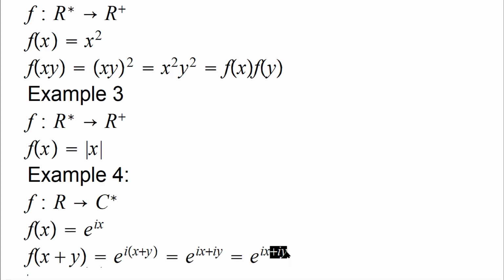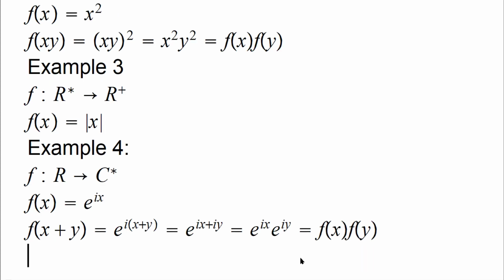Okay, so this will be e to the ix times e to the iy, and that's going to be f(x) times f(y), and that will of course be a homomorphism from the additive group of reals. And here the operation is the addition of numbers, and here it is the multiplication of complex numbers, okay.